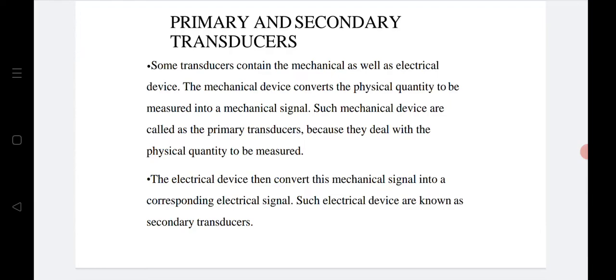So whenever a transducer contains a mechanical part as well as an electrical part, the mechanical part converts the physical quantity into a mechanical signal and is known as the primary transducer, and the electrical device converts the mechanical signal into the electrical signal and is known as the secondary transducer.